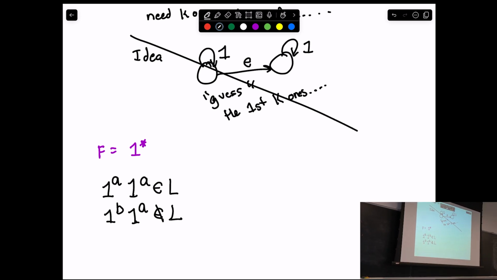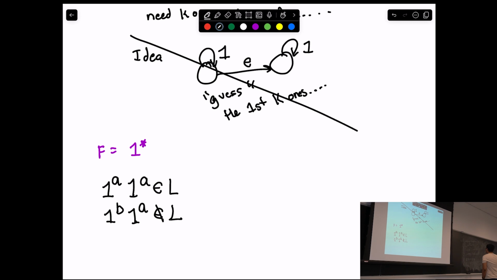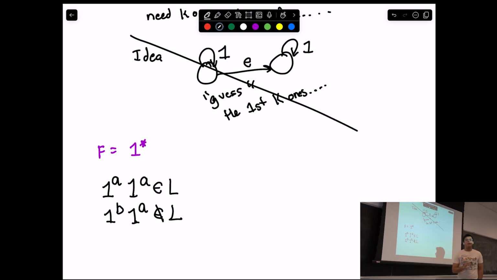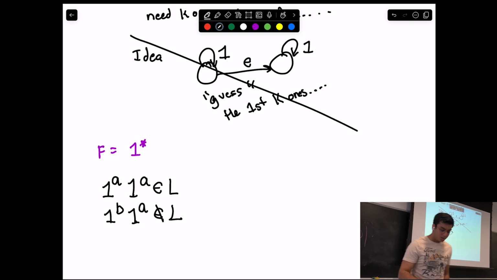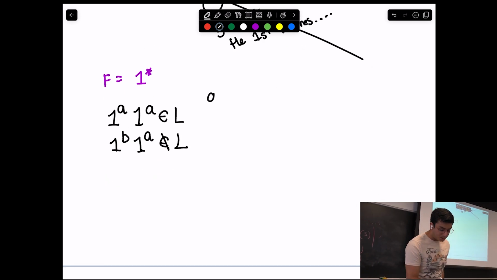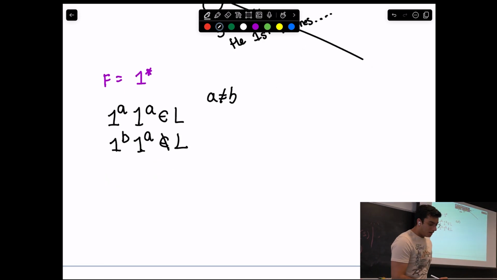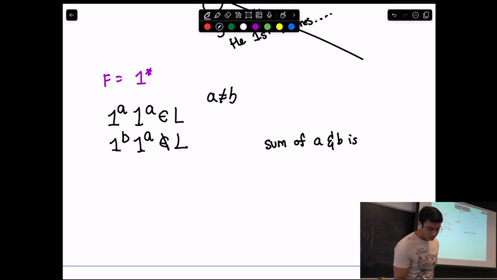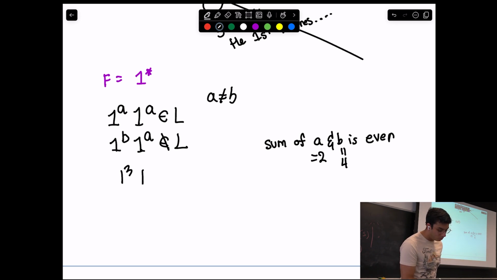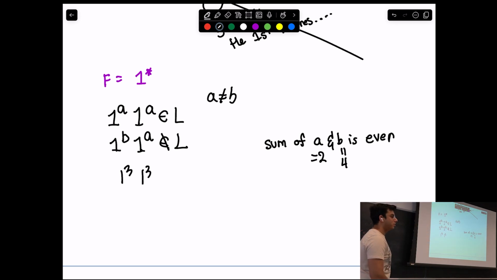Let me think about that. Assume, well, a and b by definition are not the same, right? So I was thinking, wait, could I restructure? So the claim is that a is not equal to b. However, if the sum of a and b is even, let's say a is equal to 2 and b is equal to 4, then I could rewrite this as 1 to the 3, 1 to the 3, and it would be in the language, right?